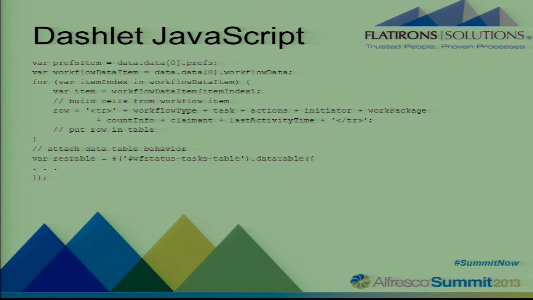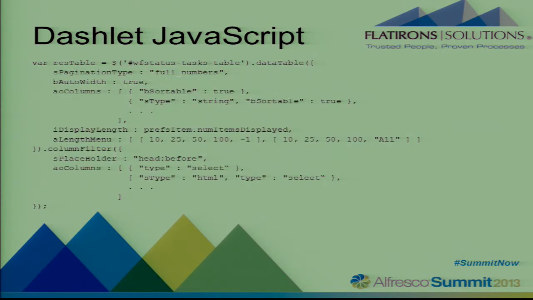So the next screen shows a little bit about how the jQuery data table works, how you specify certain things about it. I'm not going to spend a lot of time on it because that's really kind of boilerplate stuff that you have to do with any jQuery data table.